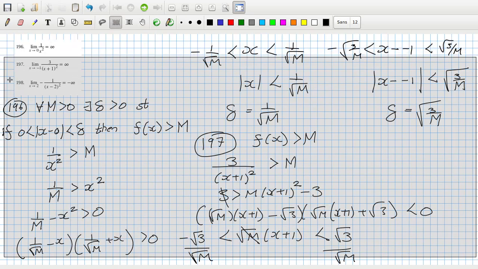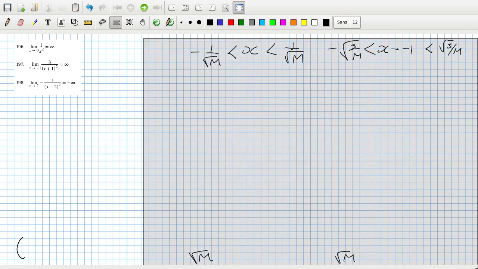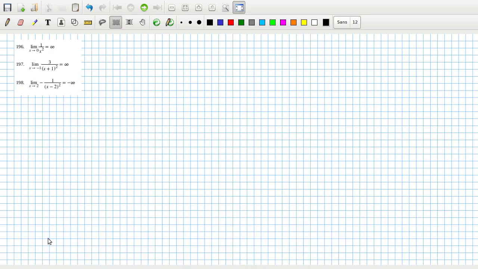198 now. Minus infinity, but the minus is here. So I feel like I just should say that's equivalent to saying 1 over x minus 2, but maybe we'll just go with the minus 1. The only difference this time in the definition is that f of x needs to be less than m or minus m.